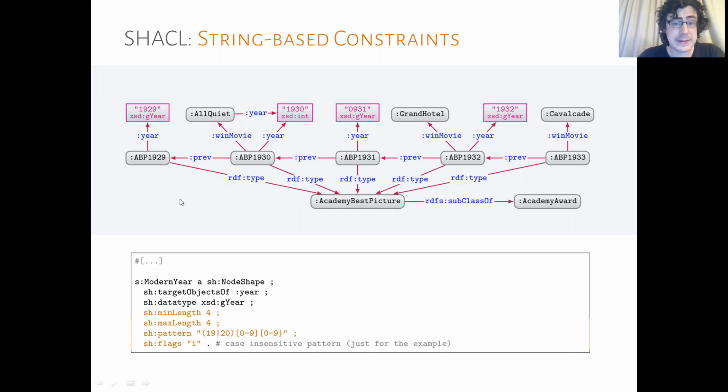This one, does it pass? Yep, looks good. This one, does it pass? Well, we've specified that the data type is G year. If it weren't for that, it would pass, but in this case, it's not going to pass. This one, does it pass? It has min length 4, max length 4, that's all fine. It doesn't satisfy the regular expression because it starts with 0, 9, not 1, 9 or 2, 0. Fails, and this one passes, no problem.